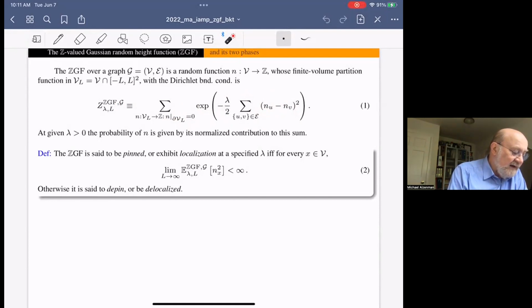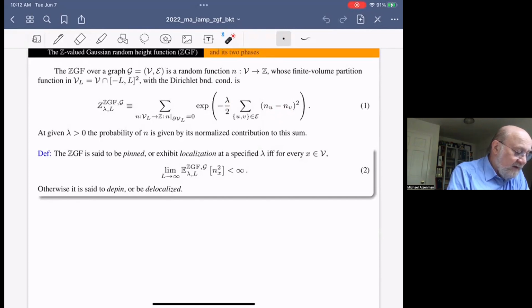Notice that when lambda is very large in this case, the differences, the gradient, would be rather small. And in that case, the effect... Oh, sorry. No, I have to stop and think.